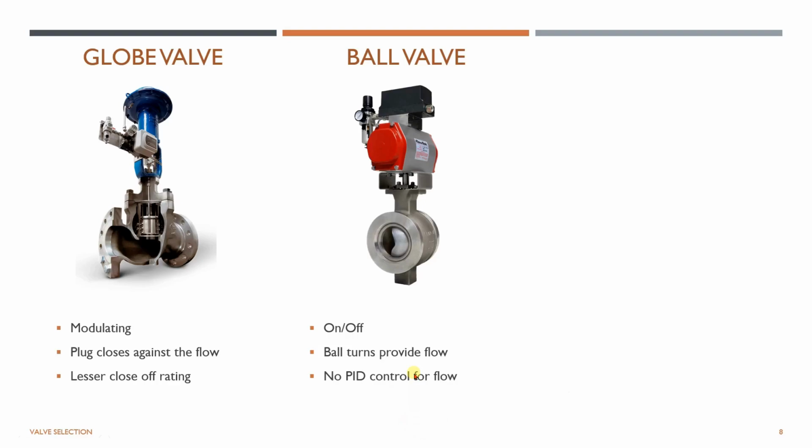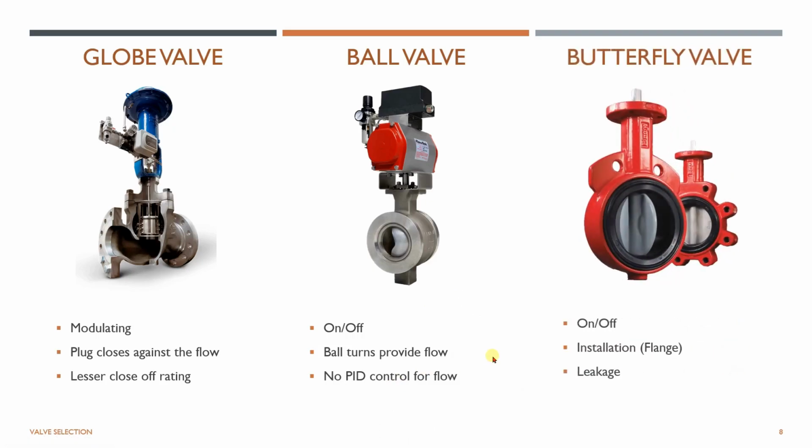So it depends on what manufacturer they're asking you to quote. Those are all dependent on how the project need and requirement is. But the ideal application for a ball valve is on and off and not PID.